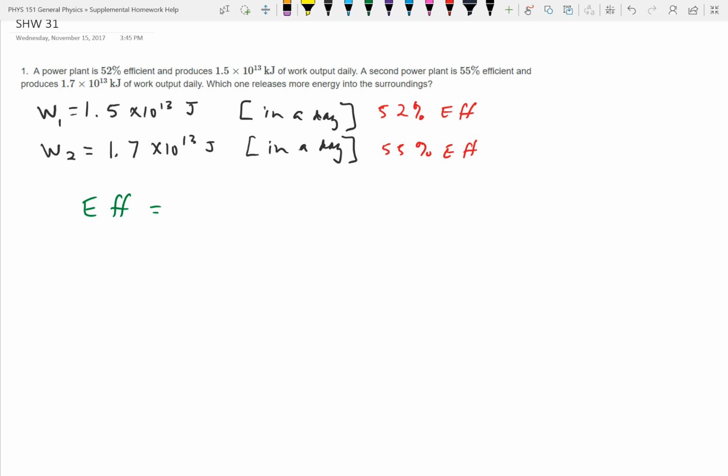It's the energy, it's the work. So the efficiency is the output, which is the work, divided by the input, how much energy you put in. The energy you put in is the heat at high temperature. So we can go through this and calculate the heat at high temperature.